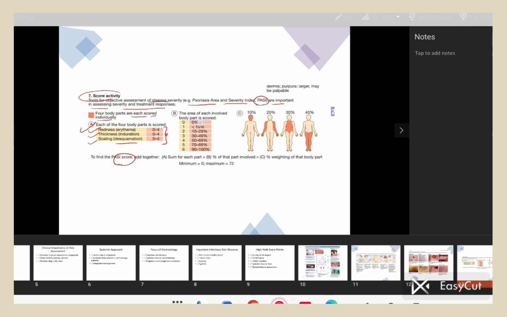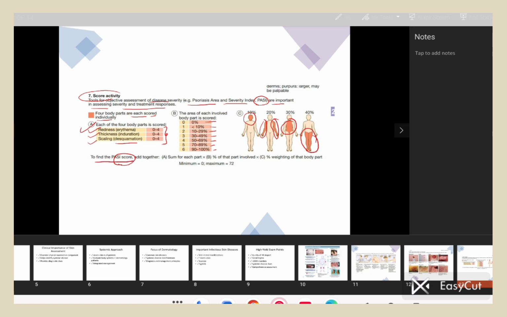If no body part is involved, then 0. 1 is for less than 10%, 2 for 10 to 29%, 3 for 30 to 49%, 4 for 50 to 69%, 5 for 70 to 89%, and 6 for 90 to 100%. So when you check, this is 10%, these two 20%, this is 30%, and this comes to 40%.